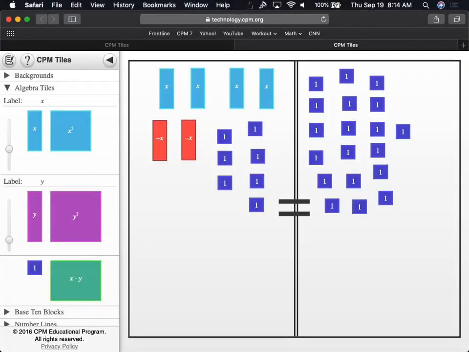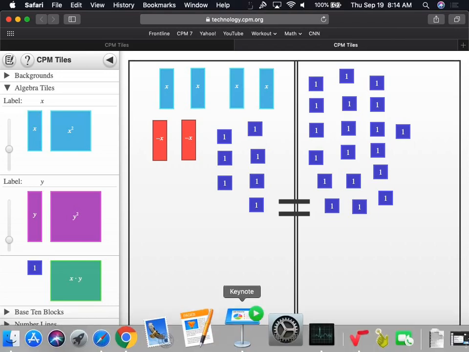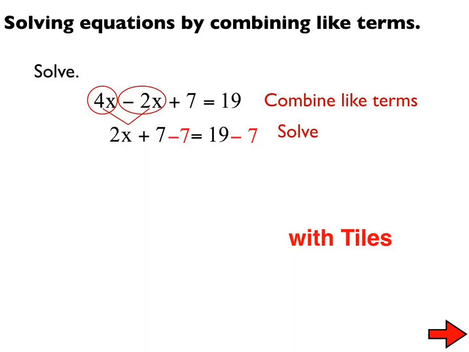I'll just have you go ahead and finish it while I'm fixing my mistake again. Sometimes if students are struggling with basics, I'll go to tiles and show it with tiles, but we've done enough 2-step equations where that shouldn't be a big deal. All right, subtract 7 from both sides, then divide both sides by 2, and the solution is x equals 6.